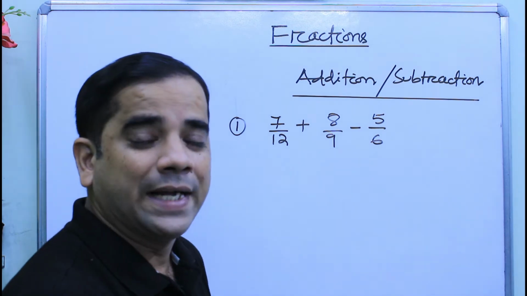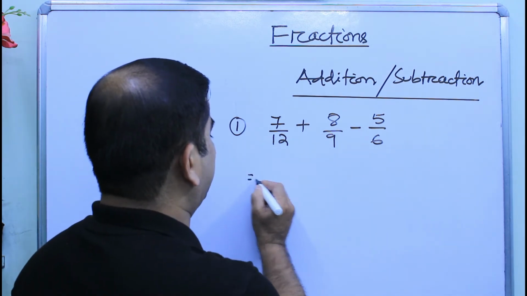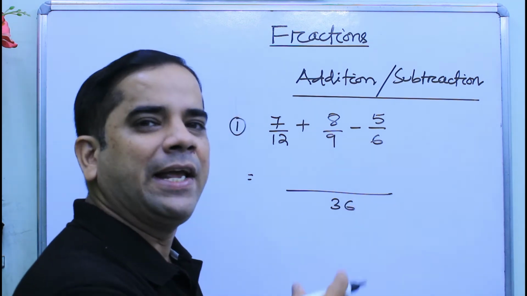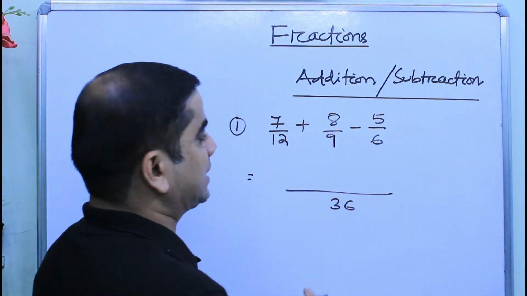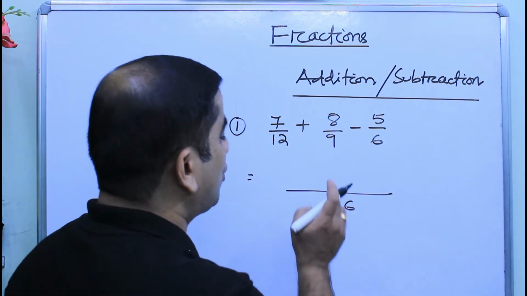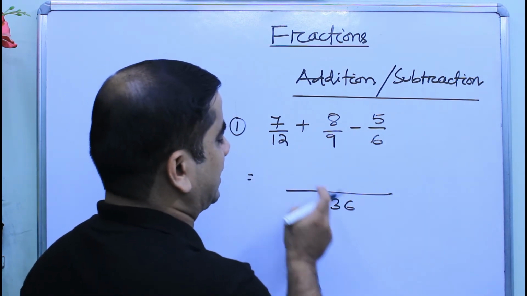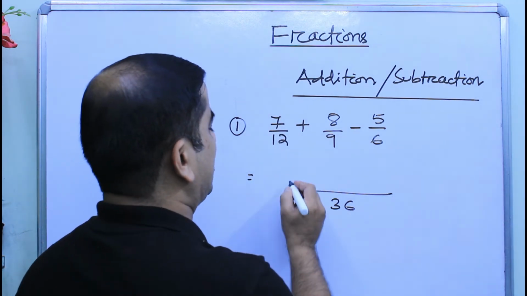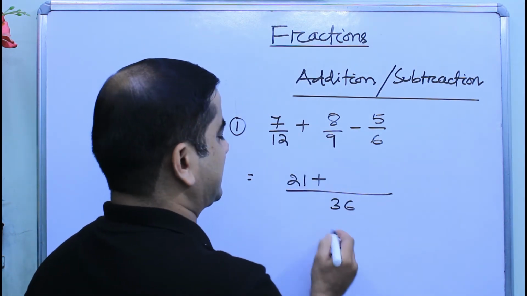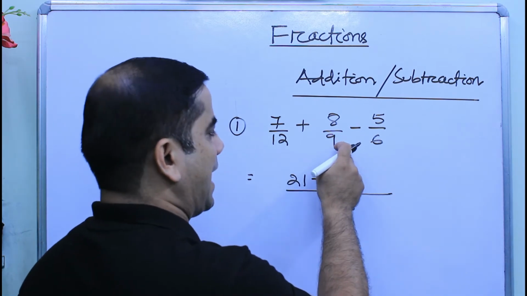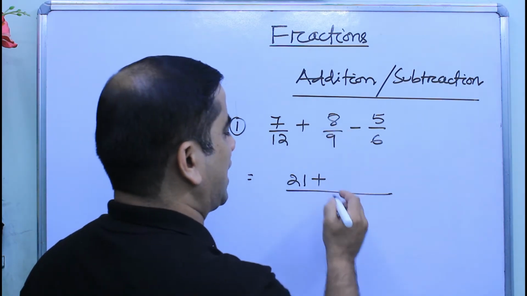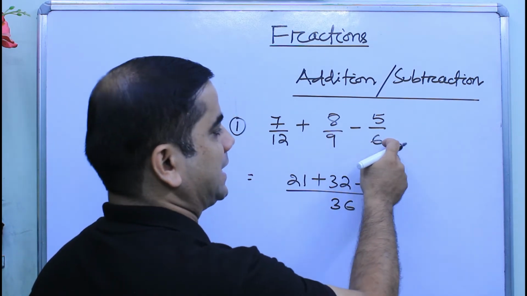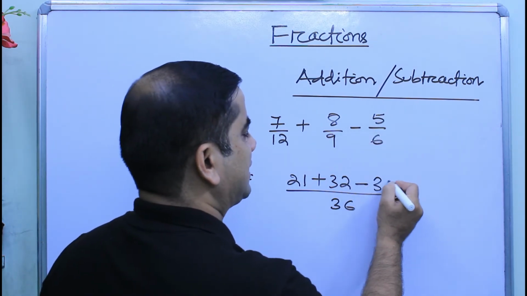Okay. So what is the LCM of 12, 9 and 6? It is 36. You can find it by yourself. Okay, 36. The second step, what we need to do? LCM divided by denominator, 36 by 12, that is 3 into numerator 7. 3 into 7, 21 plus 36 divided by 9, that is 4, 4 nines are 36, 4 into 8, 32 minus 36 divided by 6, that is 6, 6 5s are 30.